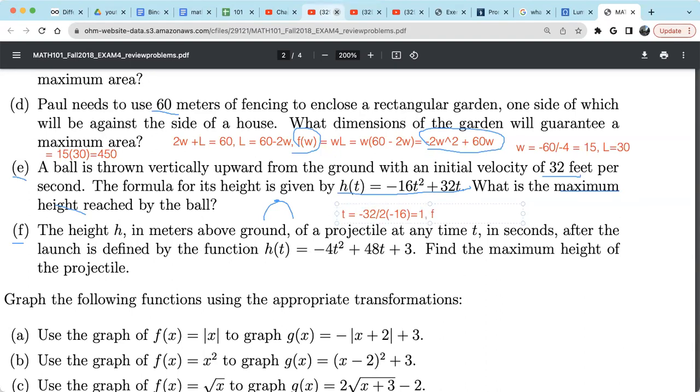Then we plug in h of 1 to get the maximum height. So h of 1 equals negative 16 times 1 squared, which is 1, plus 32 times 1, which is 32. 32 minus 16 is 16. So what is the maximum height reached by the ball? It's 16 feet.